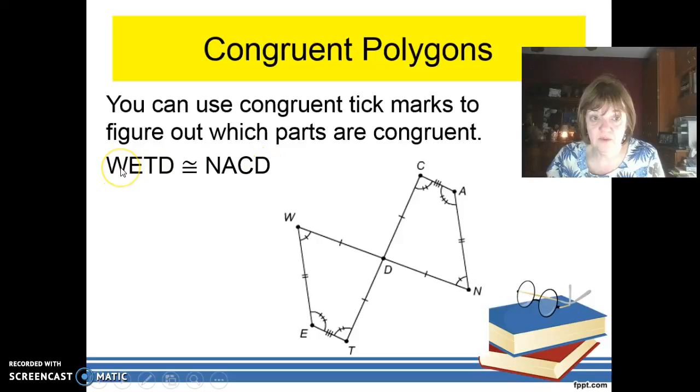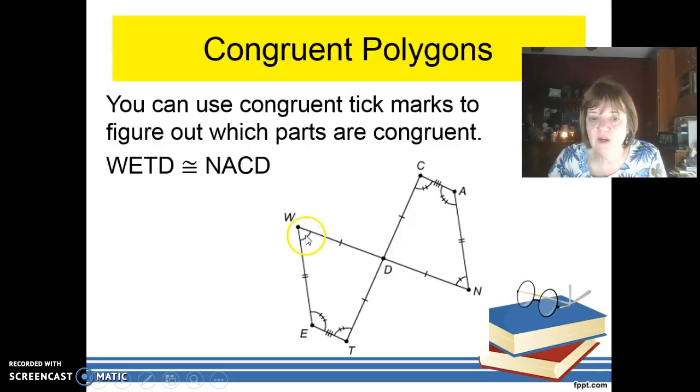All right, so W, E, T, D, that polygon right here, is congruent with N, A, C, D, which is over here. Now, they come together. They share D, but that's no big deal. It just happens they do. So W corresponds with the N. So the W right here, this angle W, corresponds with, is congruent with, this angle N.